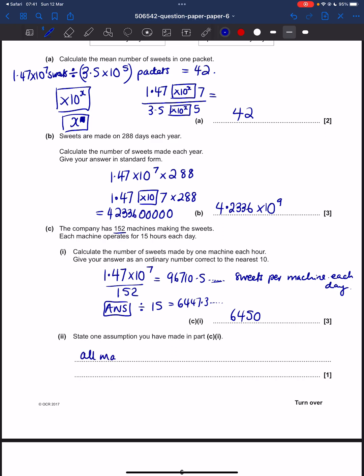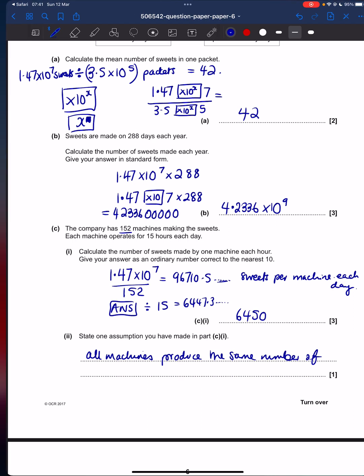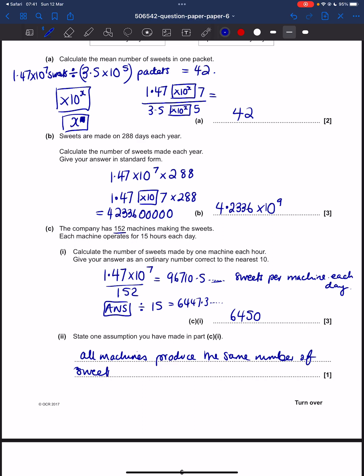All machines produce the same number of sweets. Produce the same rate of sweets.